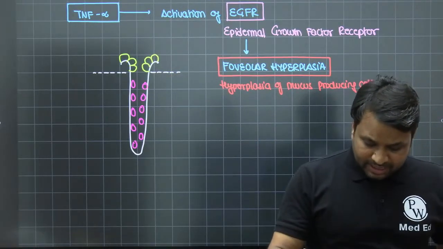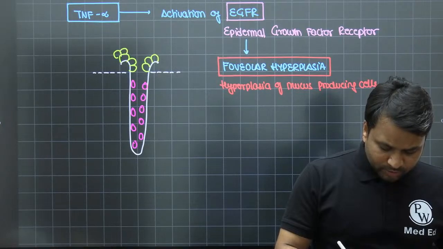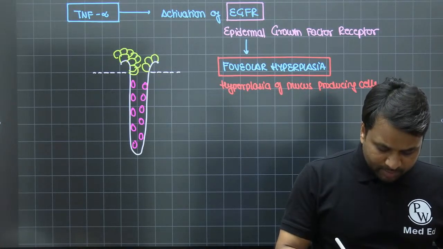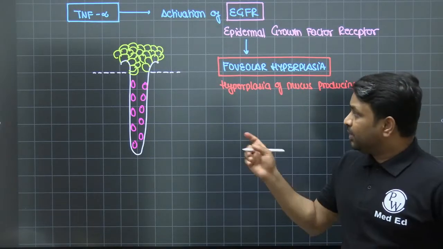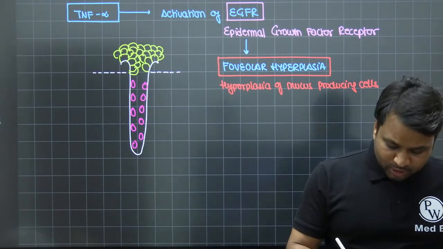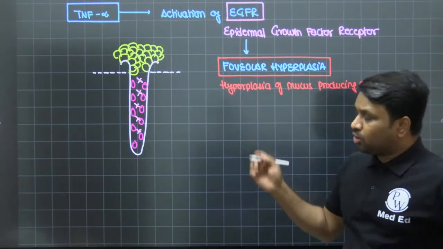Now when there is hyperplasia of the mucus producing cells, one, the number of mucus producing cells increases. Second, they are now going to block the gastric pit. When they block the gastric pit, the secretions produced by all the other components are going to be trapped. They are not going to be released.